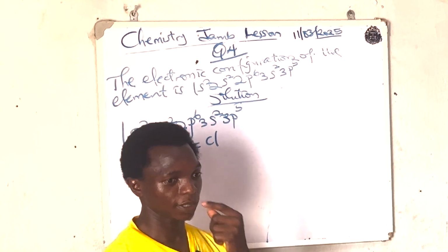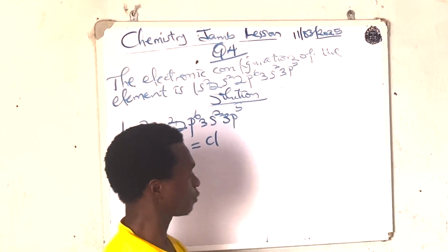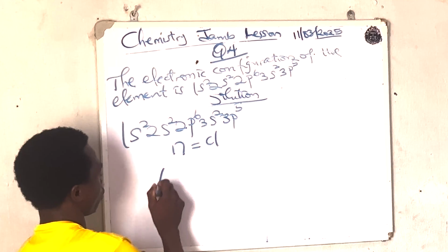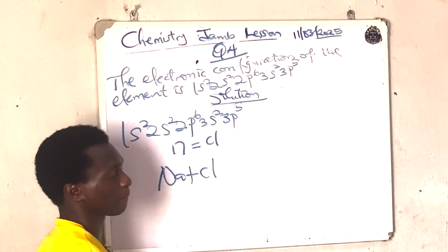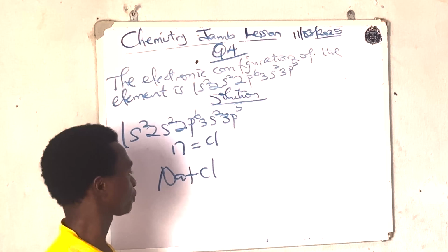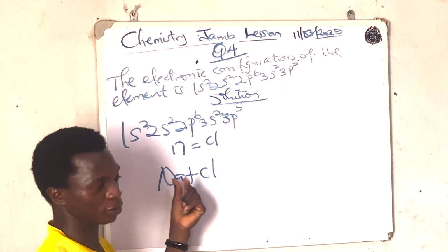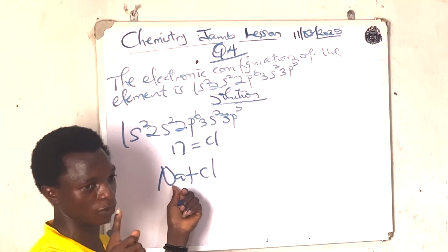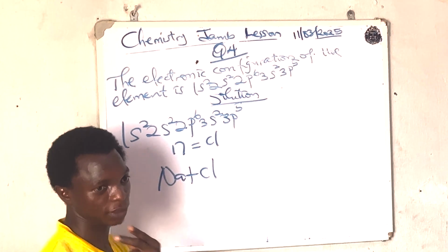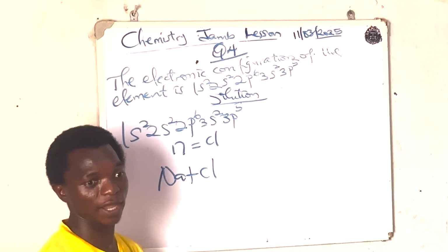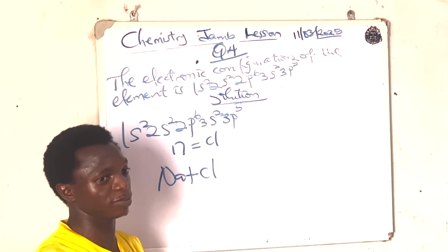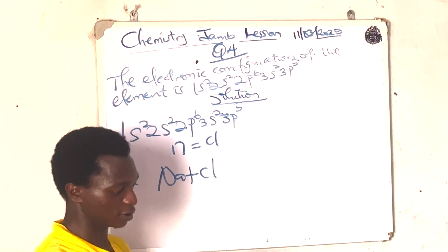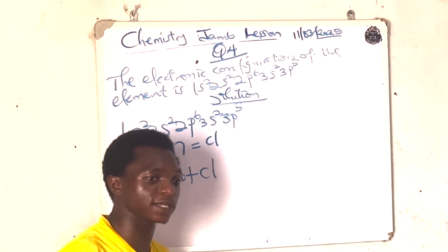Because remember, if you have, for example, chlorine and sodium together and they react, during the bonding this sodium loses one electron, while chlorine gains one. So the element is identified as chlorine and it is likely to exhibit electrovalent bonding. Why does it exhibit electrovalent?